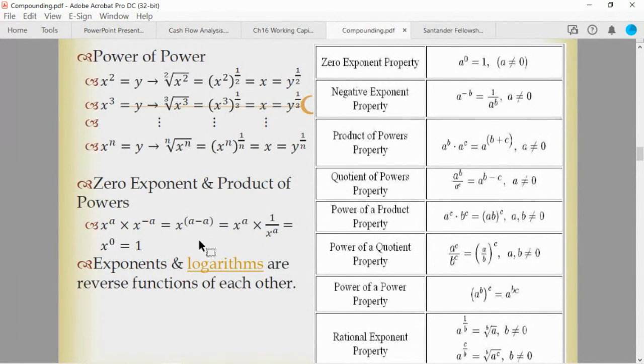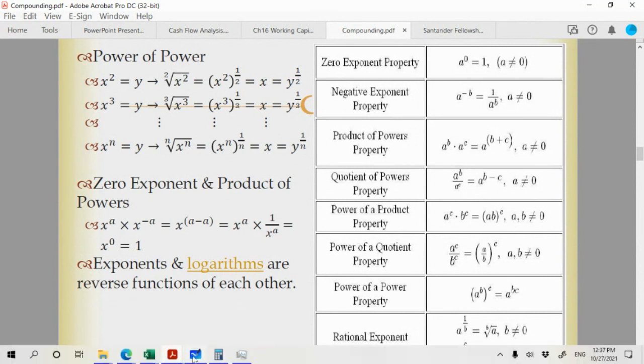Now, x to the a minus a is x to the 0, isn't that right? Also, it's the same thing as x to the a times 1 over x to the a, since x to the negative a is 1 over x to the a. Then they cancel out, and it becomes 1. That's why x to the 0 is 1. Anything raised to 0 is 1. You understand?